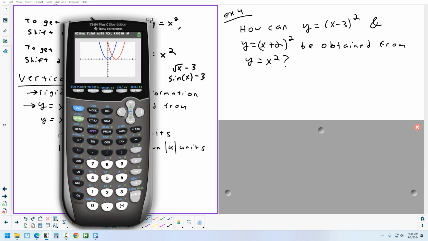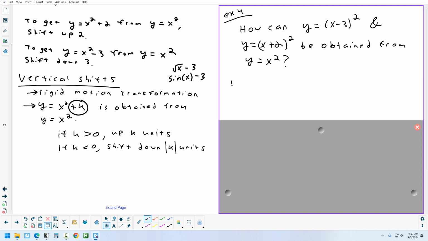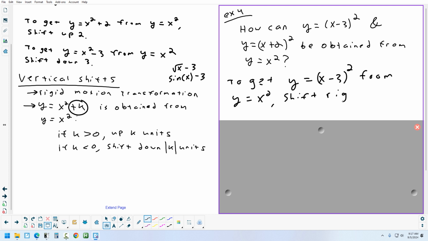All right. So x minus 3 shifts it right 3. So to get y equals x minus 3 squared from y equals x squared, shift right 3.